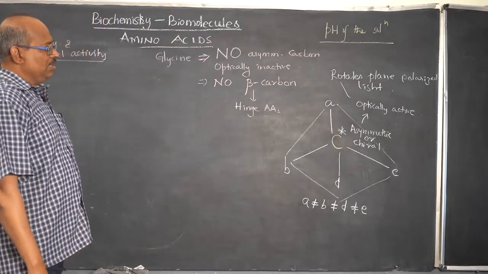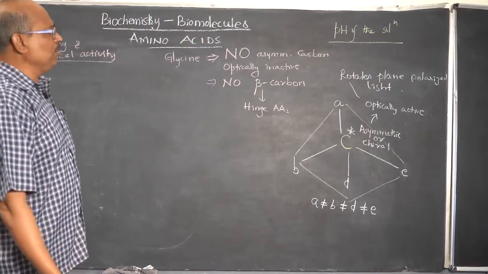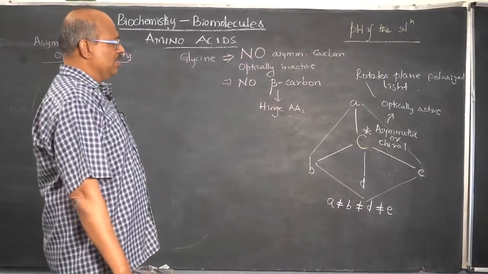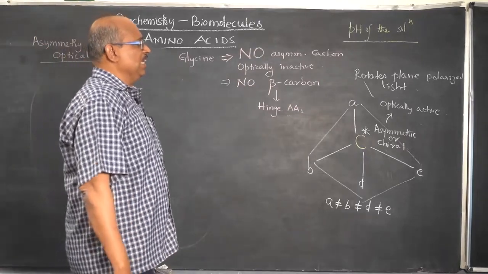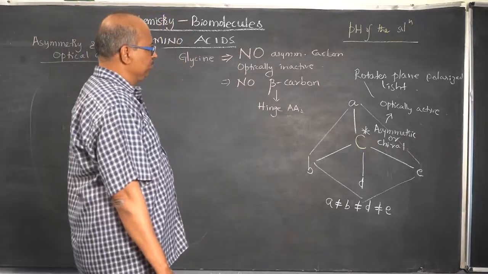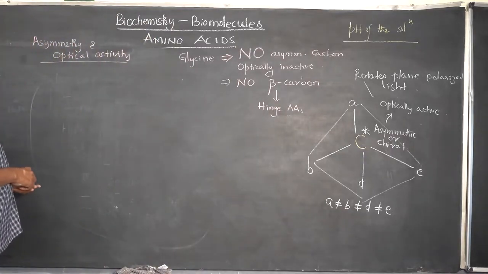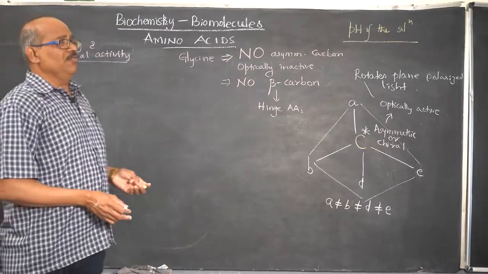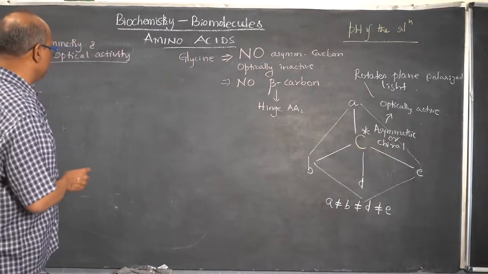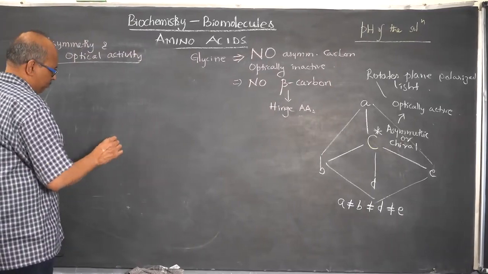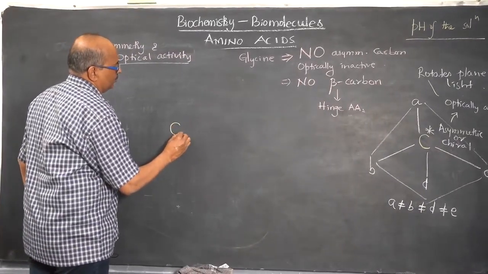Since in the case of the amino acids, typically we find the L amino acids, in some of the solutions they will have levo rotation. So if I take an example of an amino acid which contains the asymmetric carbon, I can take alanine.